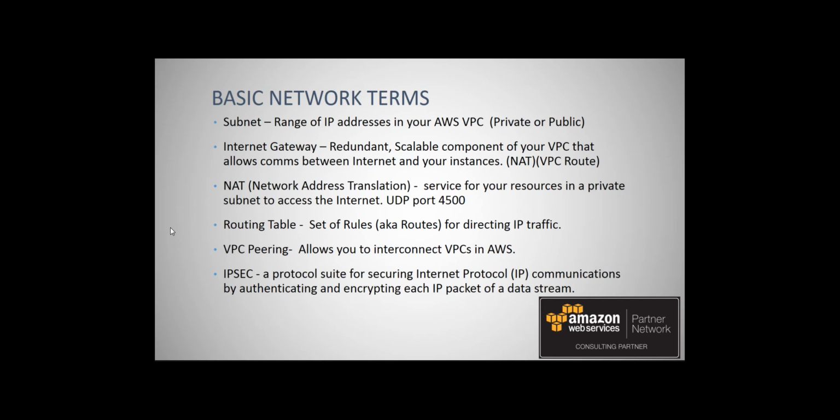Let's say you had development instances and production. You don't want them in the same VPC, but you want them to be able to communicate with each other. This is a great way to do that and not have to create additional VPNs or additional services between your corporate network and Amazon.